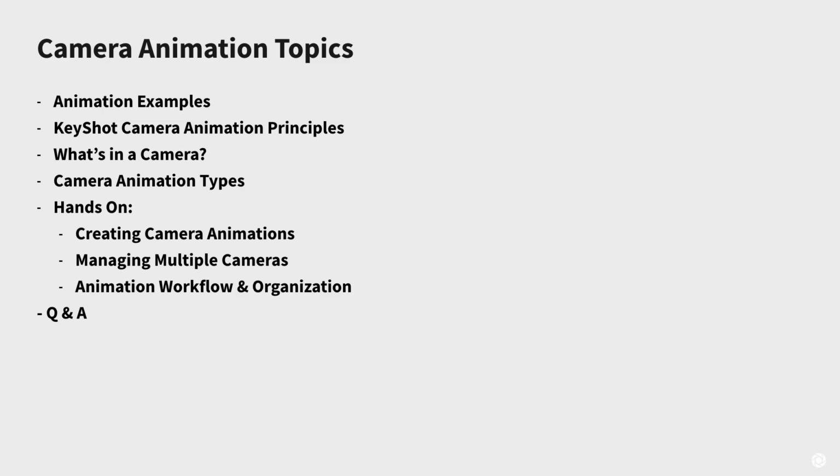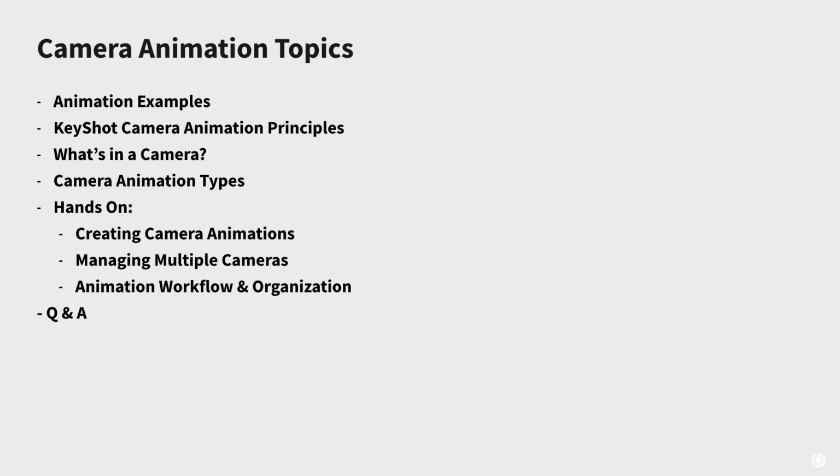And before we actually begin talking about how to animate our cameras, here's the outline of today's presentation. We'll begin with some nice examples, and we'll look at why those examples are strong or good demonstrations of camera animations. And then we'll get into the overarching principles of KeyShot camera animations, kind of like we did on the previous webinar as well.